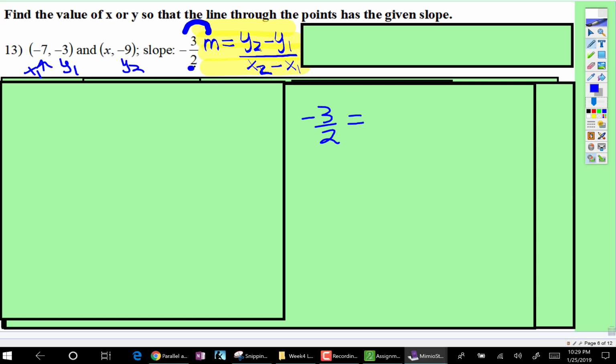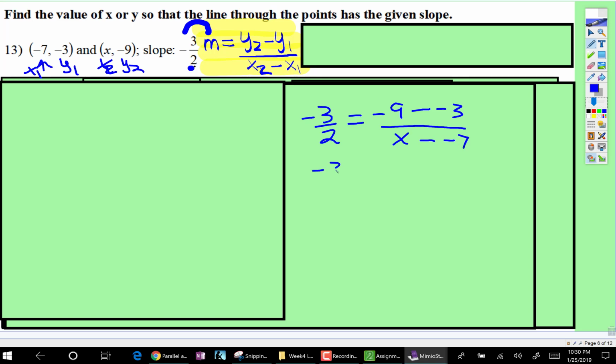We're going to say this is x1, y1, x2, y2, just because of the order left to right that they're in. So negative 9 subtract negative 3 over x subtract x1 is negative 7.